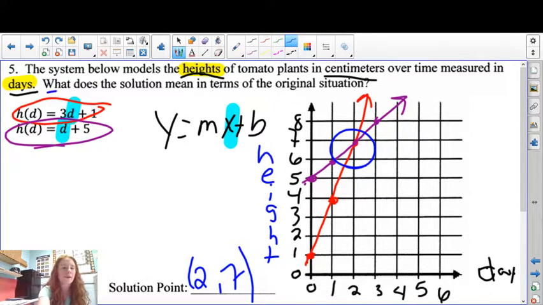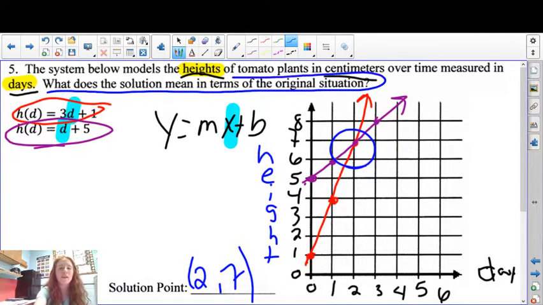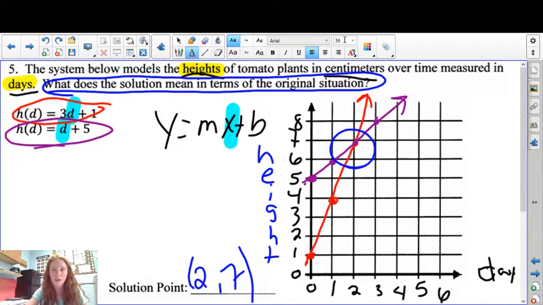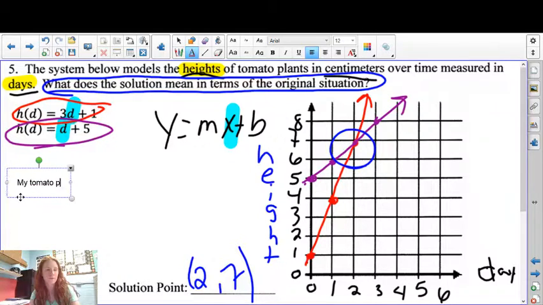Great. But what does that mean? It asks me right here, what does the solution mean in terms of the original situation? So we saw we were dealing with tomato plants. Well, we were trying to have a solution point where the lines would meet, which means that they would be an equal height.